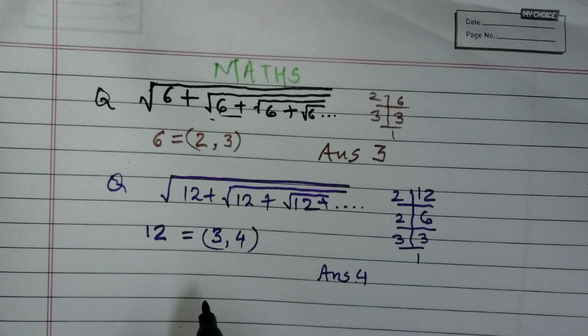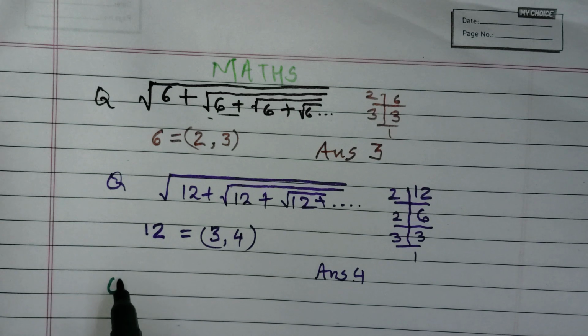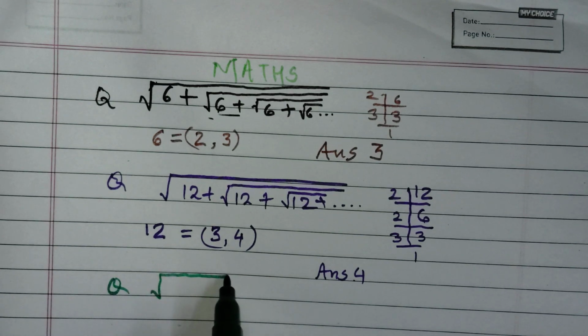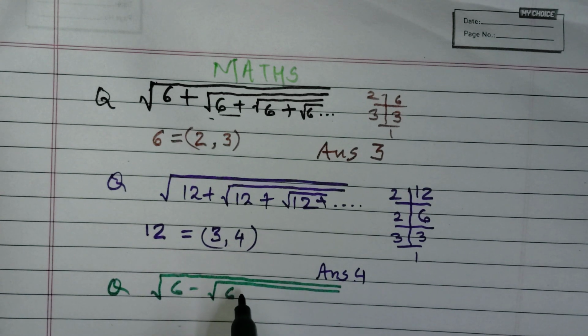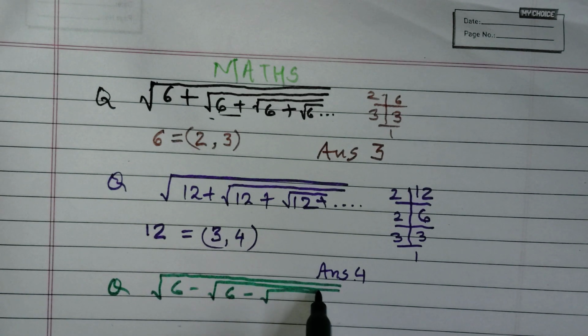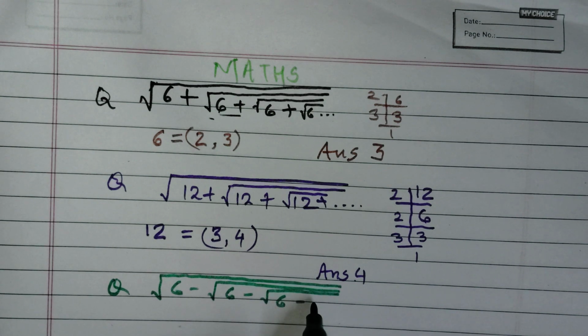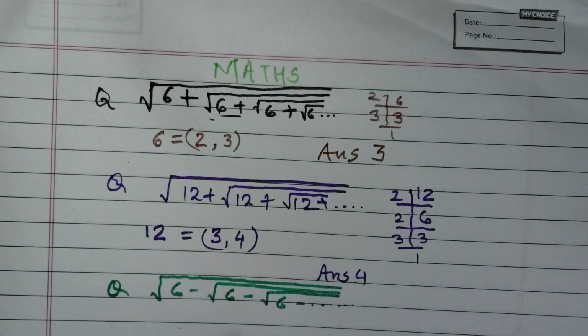Next problem: square root of 6 minus square root of 6 minus square root of 6, and so on. This type of pattern continues, and you see there is minus everywhere.